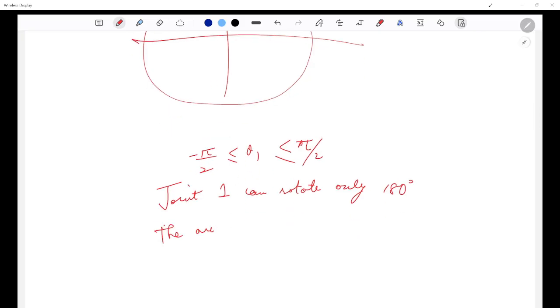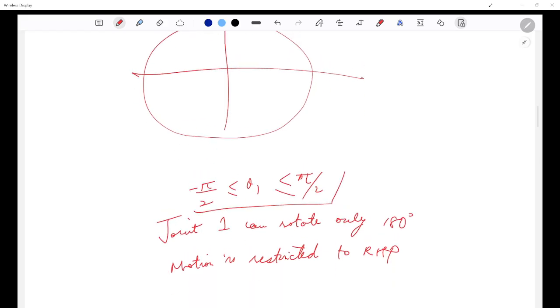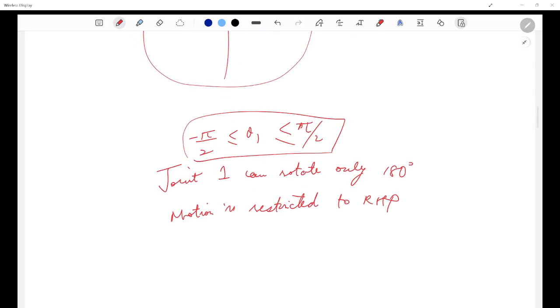The arm cannot go behind the base, or instead I should write, motion is restricted only to the right half plane. I think that is very evident. Why? Because your angle limitation is such that you can move only 180 degrees, that too to the right side of it. So workspace cannot be a full circle, and workspace should be a sector-like region, basically 180 degrees.